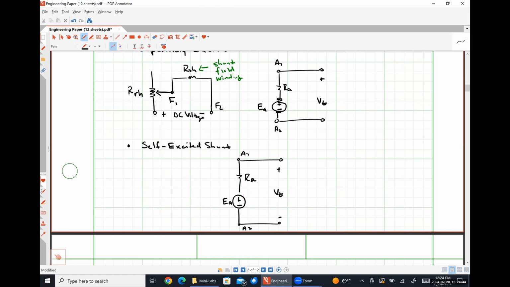Our terminal voltage. So our armature circuit is exactly the same, but now we are just going to take that stator circuit and effectively rotate it by 90 degrees and connect it. So here is our rheostat, RH.